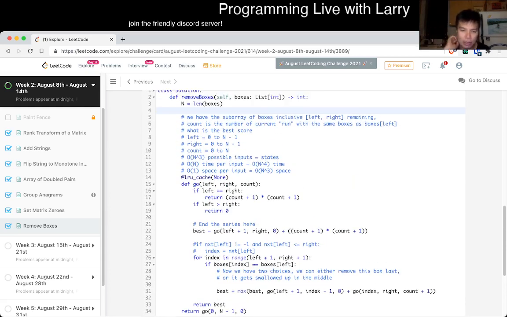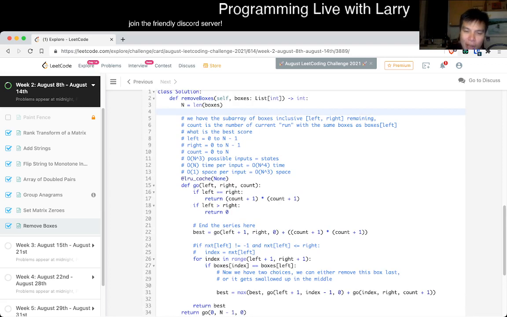So this is the code, but the idea is that for this goal, we want to solve the problem of a subarray of boxes, a sequence of boxes where count is the number of consecutive boxes.